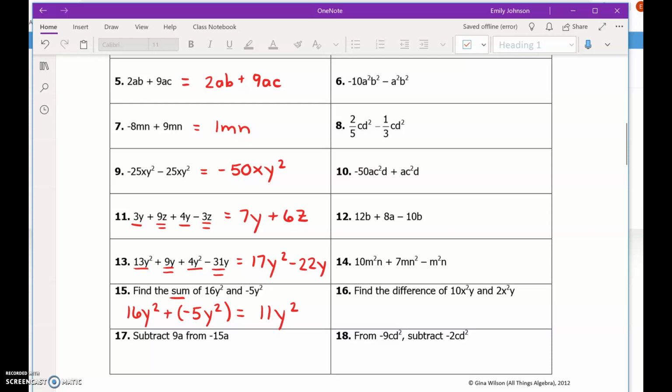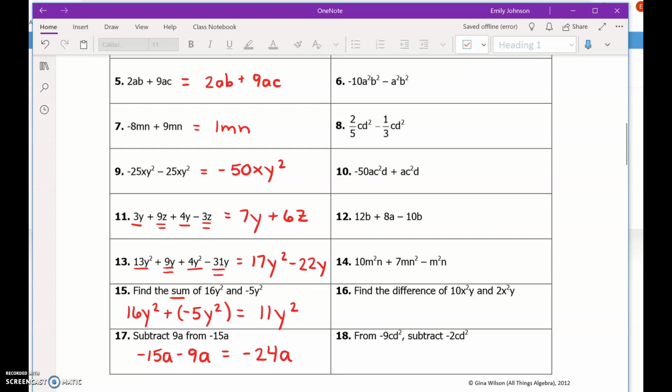For number 17, it says subtract 9a from negative 15a. Be careful in this case because you're going to subtract in a different order than it is written. The variables do match, so when I take negative 15 minus 9, my answer would be negative 24a.